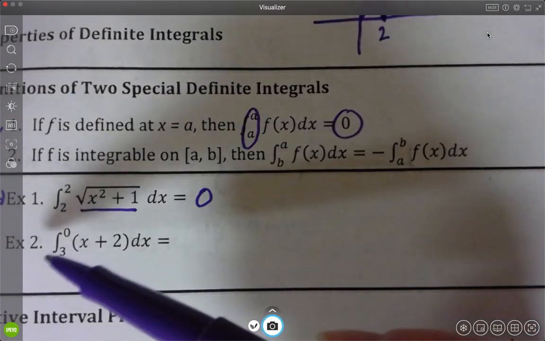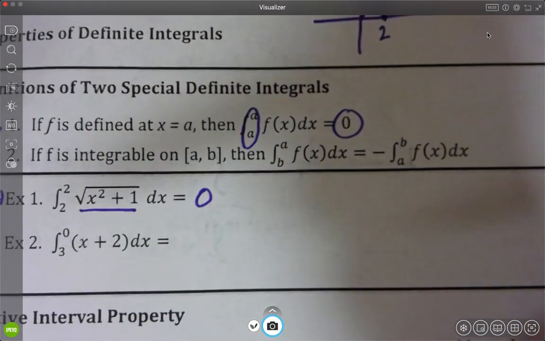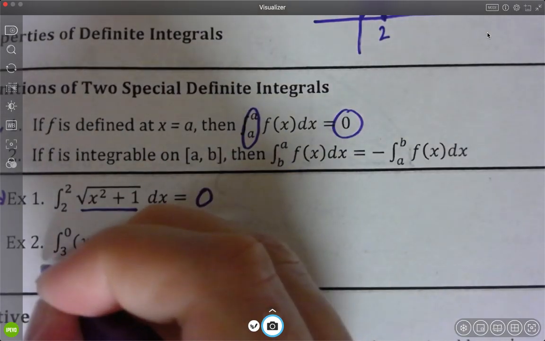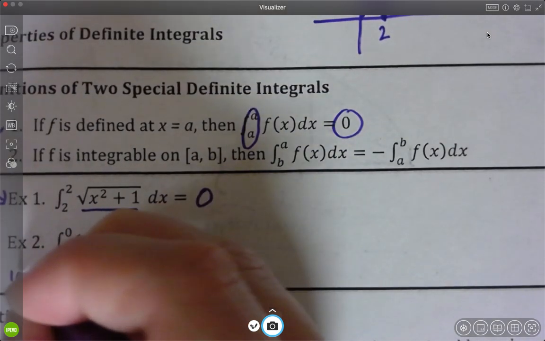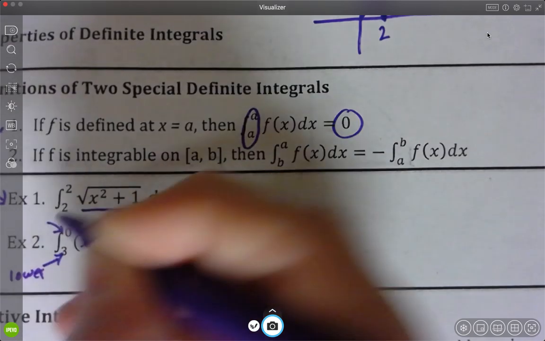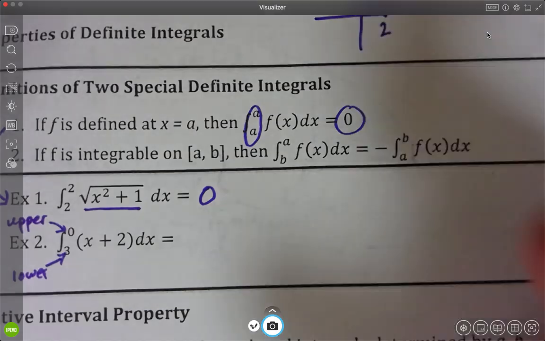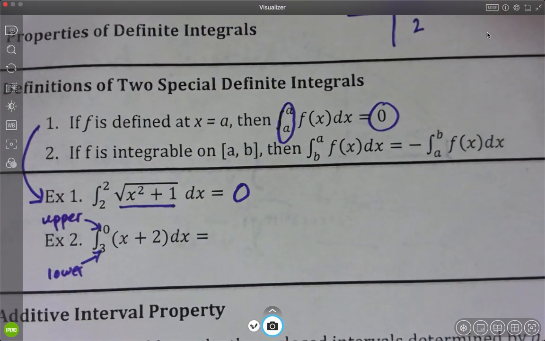In example 2, this one's written funny because normally we start with our lower limit here, and our upper limit is the top number. So I have a lower limit of 3 and an upper limit of 0. Normally it would go from 0 to 3 rather than 3 to 0.